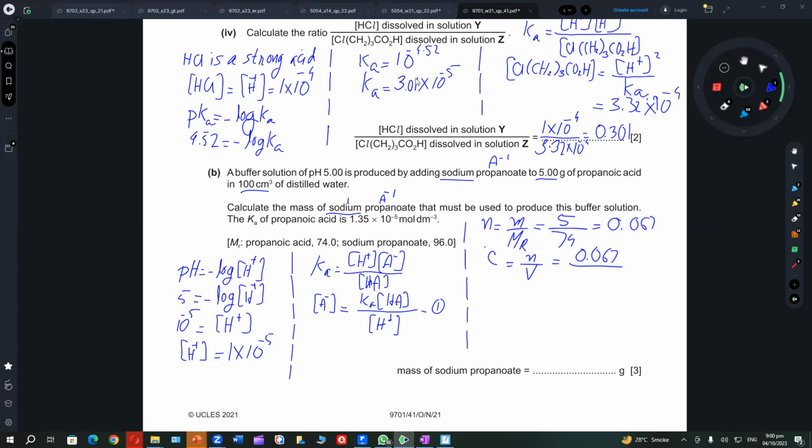How much is the volume? The final answer will be 6.7 times 10 to the power of -7. Also, it's 6.7. Okay, 6.7.